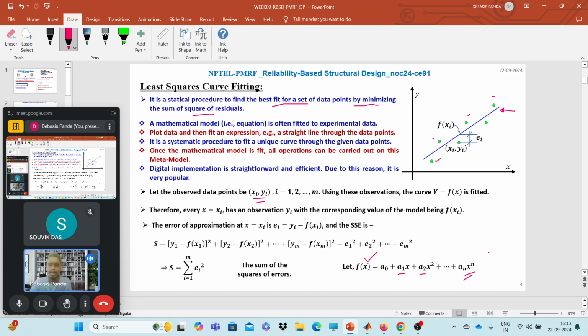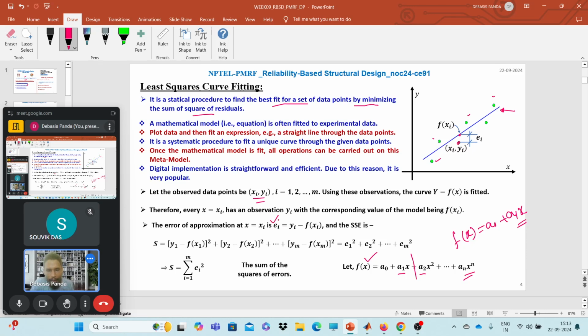Say for example we first wish to fit a linear model, so f(x) will be a0 + a1x, that means we are considering up to degree 1. Now look here: this is your observed value and this is the proposed value. So what will be the error?